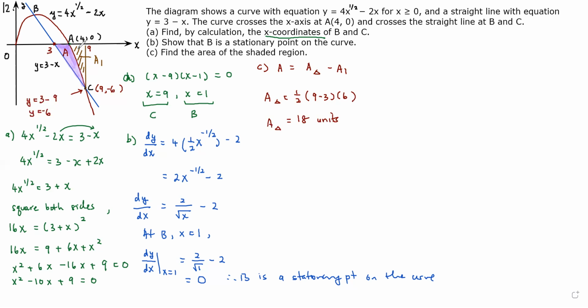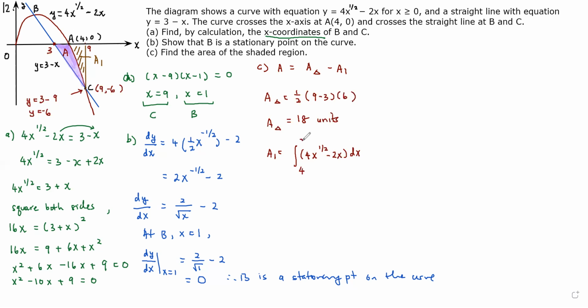We need to find the area A1 here. The area A1 is the area between the curve and the x-axis, so x is from 4 through 9. To find the area A1, we integrate the curve 4x to the 1/2 minus 2x with respect to x from A, which is 4, until 9.